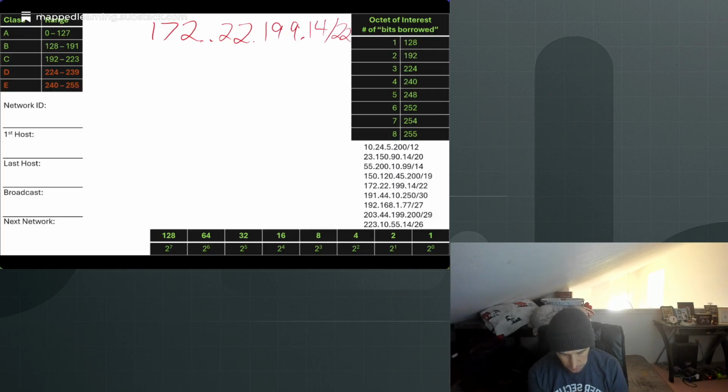All right, 172.22.199.14/22. 8, 16, 24. So 6 into here. 6 is 252. So 255.255.252.0. Magic number is 4 again. Remember 200 was 4 evenly, so subtract 4 from 200 and we get 196.